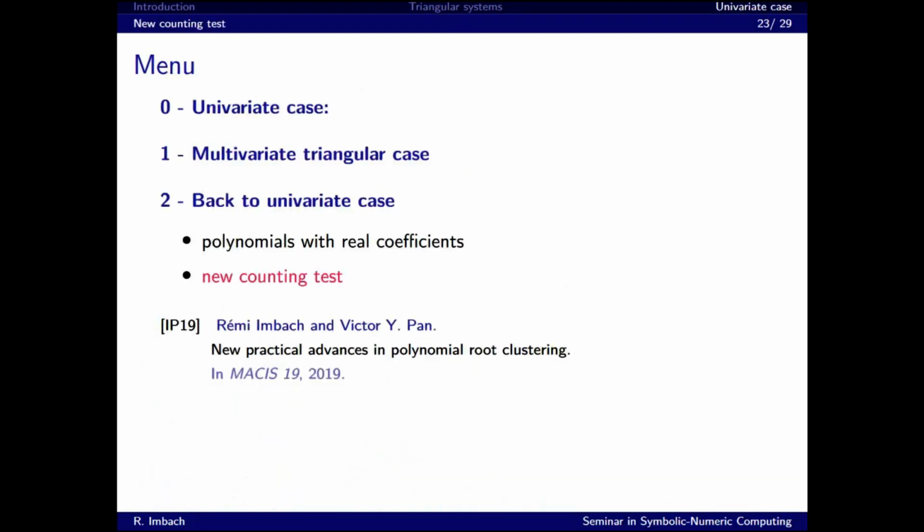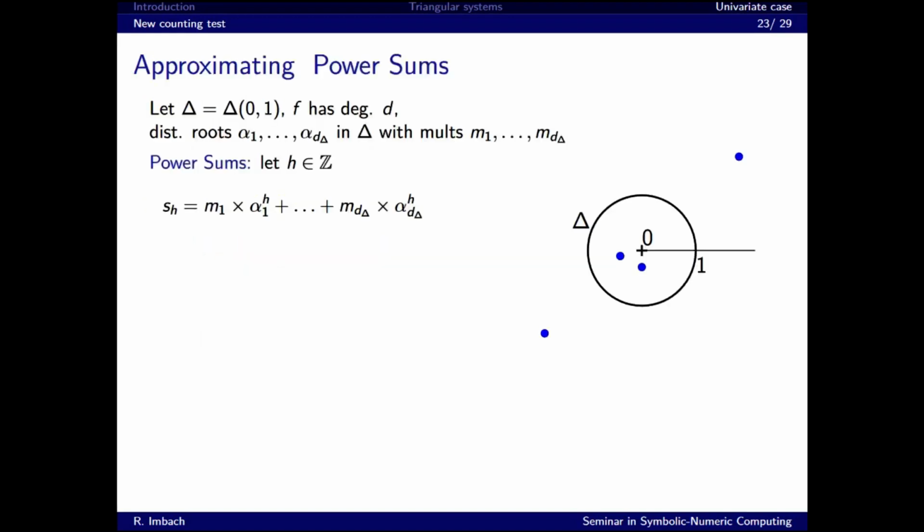Okay, so a more significant contribution is about a new test for counting the number of roots in a complex disk. This counting test comes from a theory that is made to approximate power sums of roots in a disk.